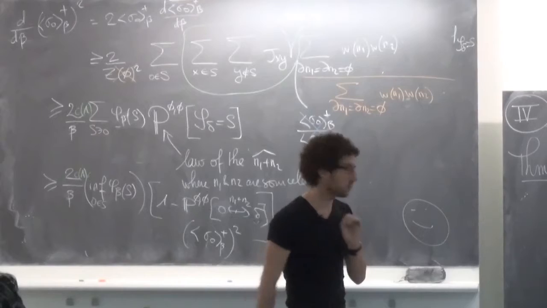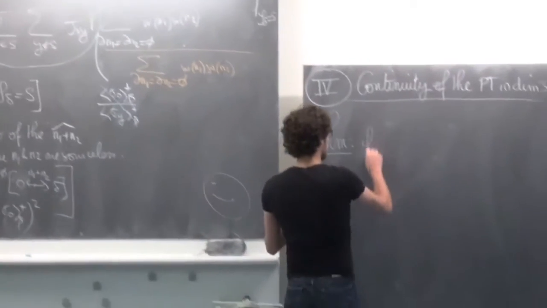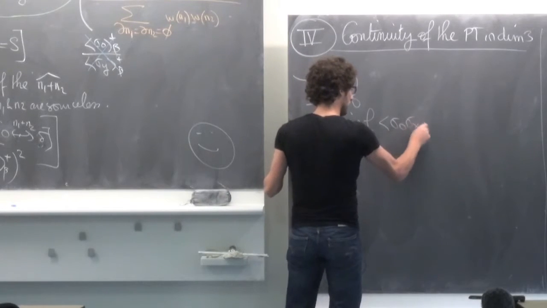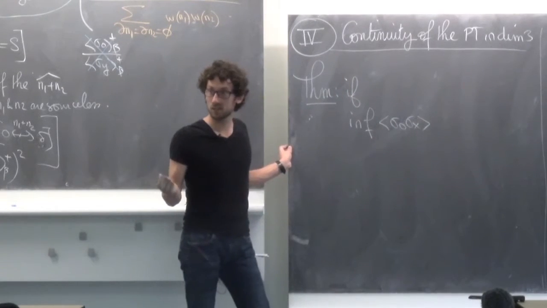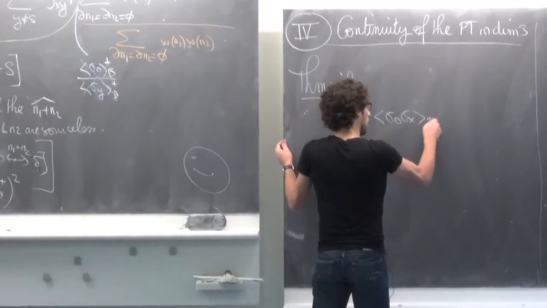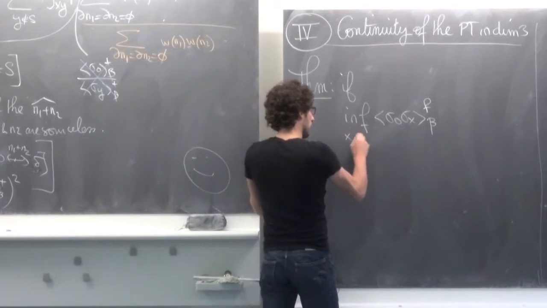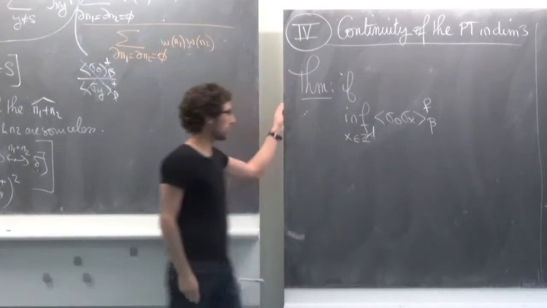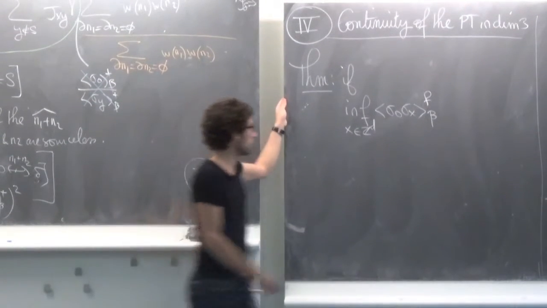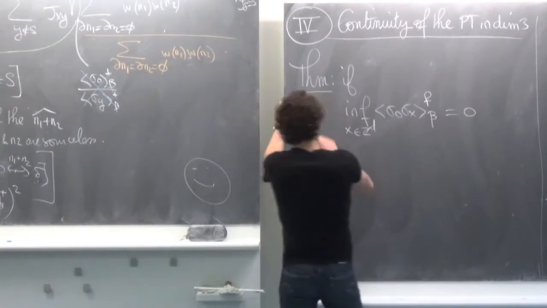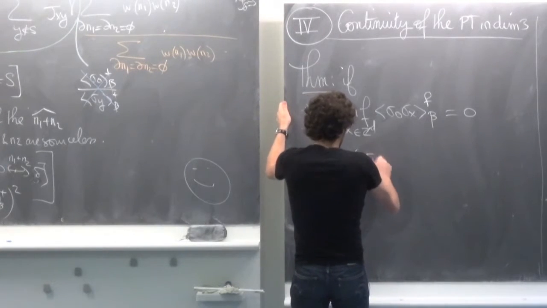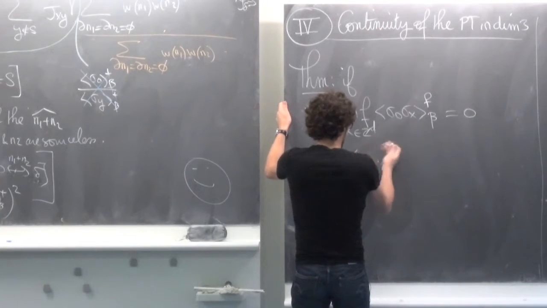And it's a very strange thing, you are going to see. So we are going to say if the infimum of sigma 0, sigma x, and actually I'm not going to even look at beta c, I'm just going to look at some beta. If the infimum over all the x in Z^d of the expectation of sigma 0 sigma x at beta with the free state is equal to 0, then, and let's say I'm going to put it with a plus, okay.